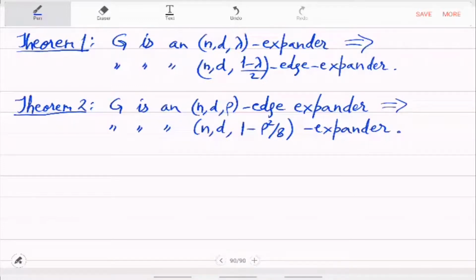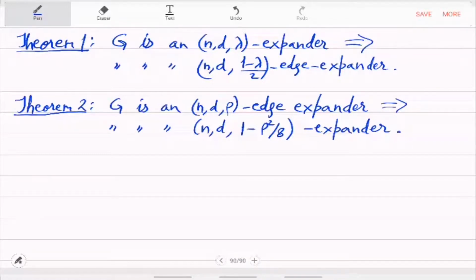What you will get is 1 minus rho square by 8. Again you can check if rho is half, which is the best edge expansion possible, then in the bound for the spectral gap, what you are getting is 1 over 32. That's the relationship. So because this anomaly is not if and only if, we have to write two theorems instead of just one theorem with if and only if.